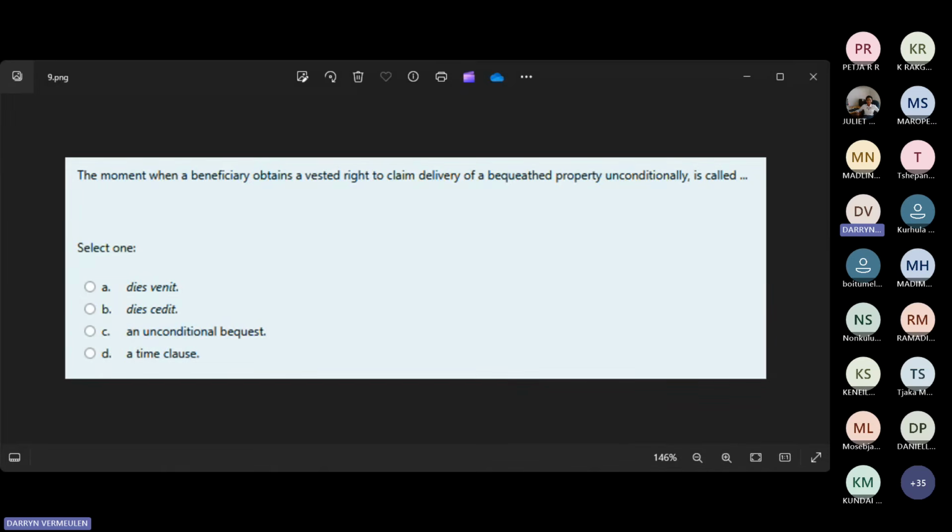Ooh, the B camp just gained a few more followers. All right, so going once, going twice. And the correct option is everyone in the B camp. So if you look up the wording that they've got for dies cedit, the wording they use there is unconditionally. So that would be the correct option here.